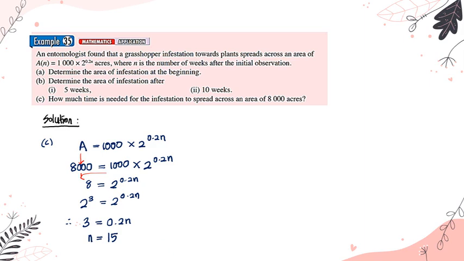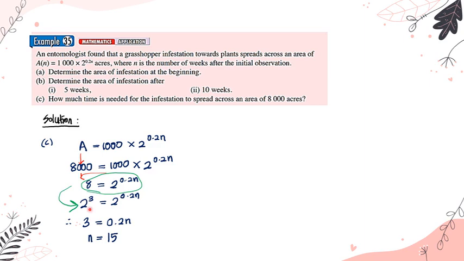And how to solve this equation? We can equate the base. If the bases are equal, then we can compare the index. So we change 8 to be 2 to the power of 3, and then we write 2 to the power of 3 is equal to 2 to the power of 0.2n.